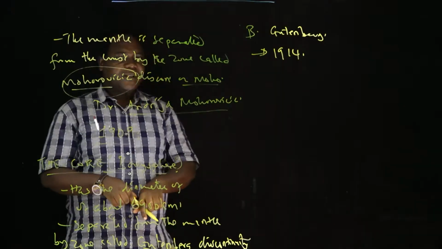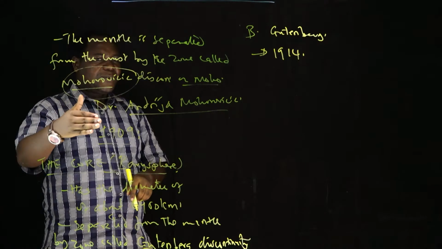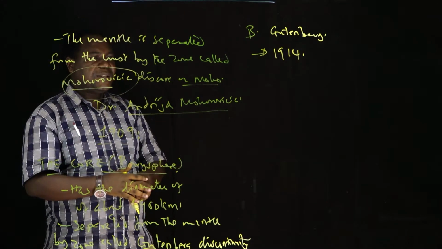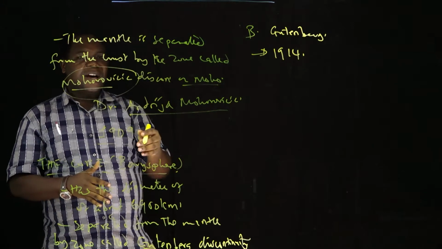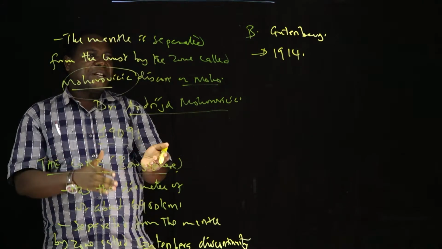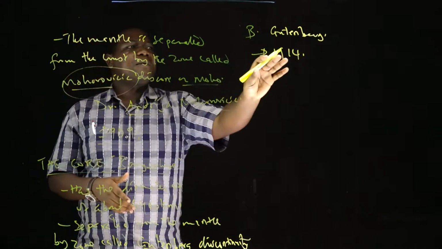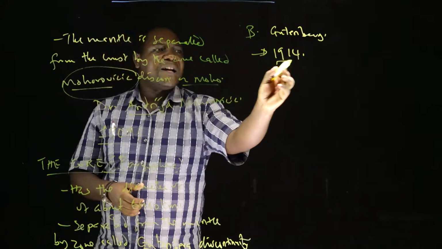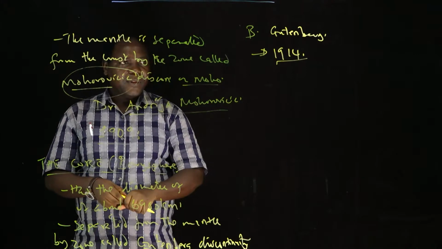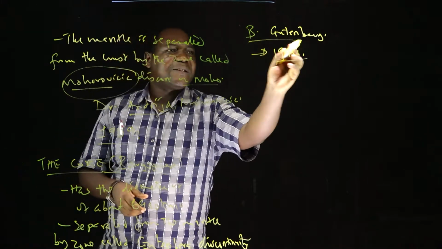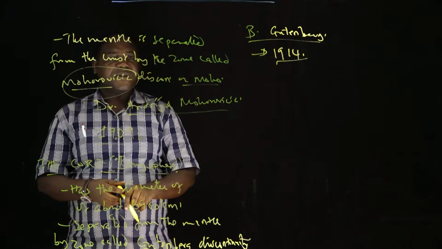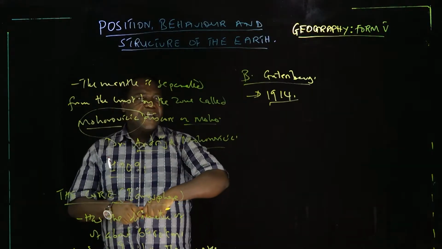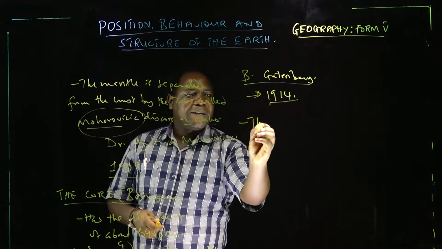Therefore, from the mantle to the crust, we have the Mohorovicic discontinuity, and from the core to the mantle, the area of separation is called the Gutenberg discontinuity, discovered in 1914. This is a scholar who also established the idea.